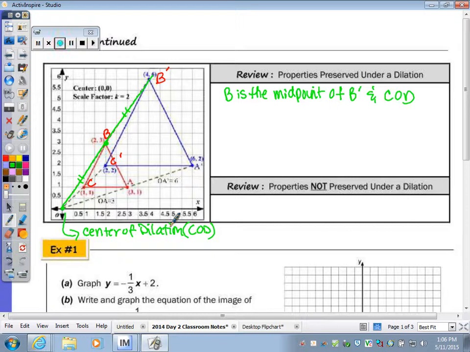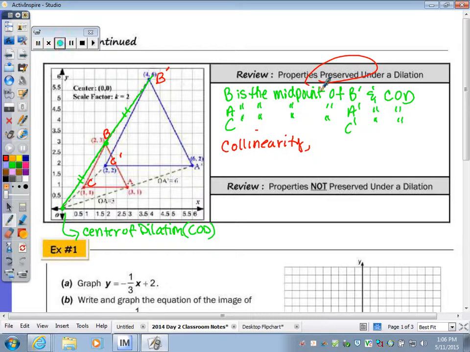Okay, so then also, A is the midpoint of A prime and the center of dilation, as well as C. So what are all the properties? We just talked about that collinearity is preserved. What else is preserved from the note sheet from last class?